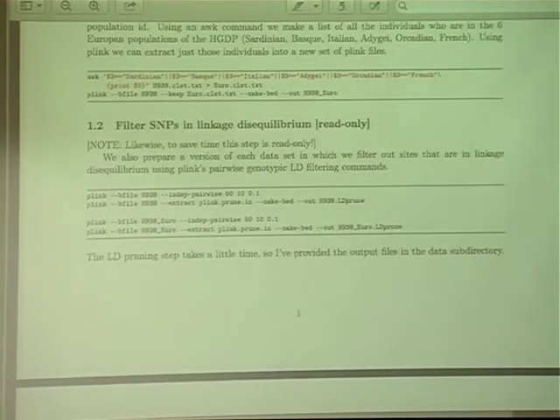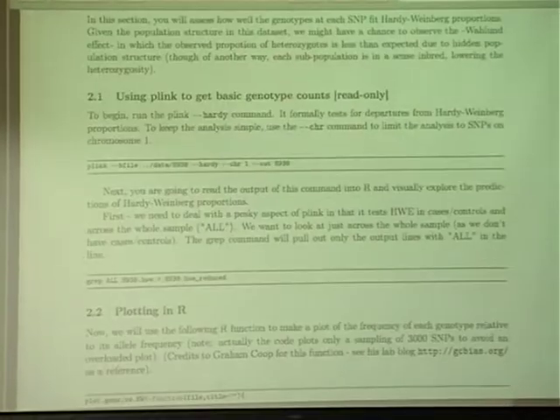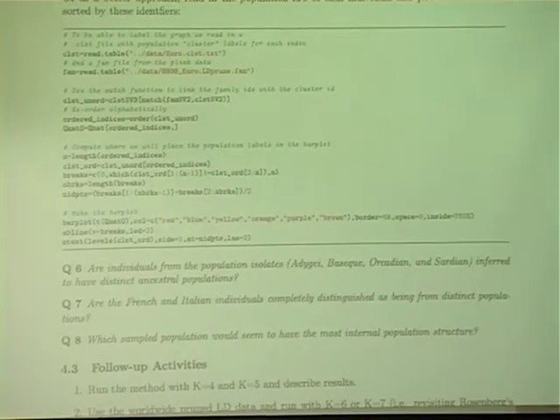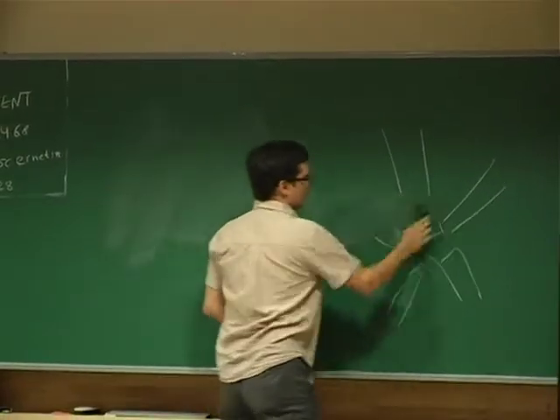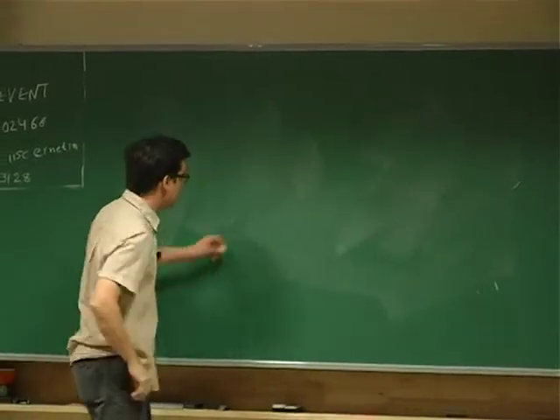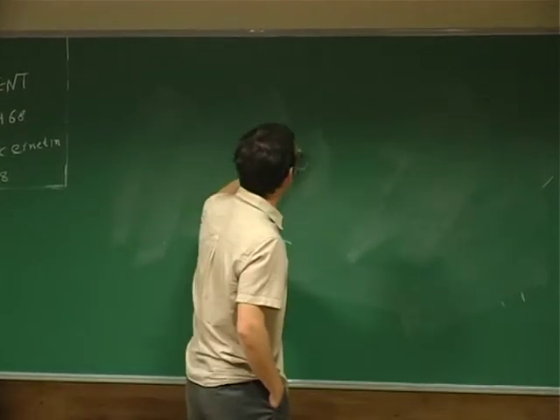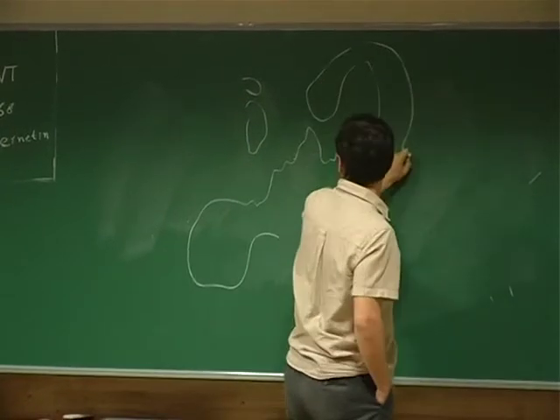What else do I want to say? Oh, one thing I'll say, the populations that are in the European data set, you may not be familiar with the names, so let me just say a little bit about them. I'll find a place where I have them labeled. Yeah, okay, so maybe I'll sketch really quick. I should add this to the documentation, some kind of background on the populations, but if this is a crude representation of Europe somehow.